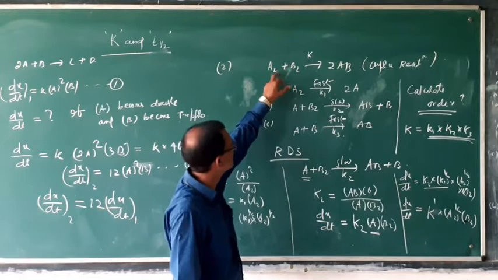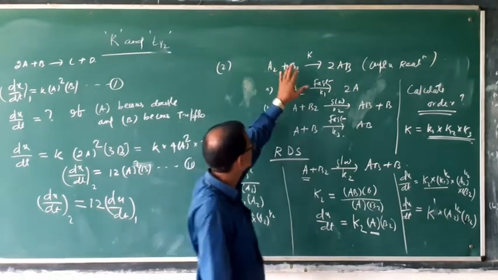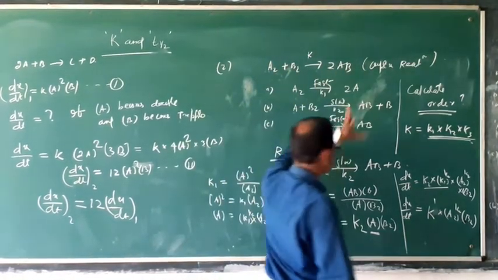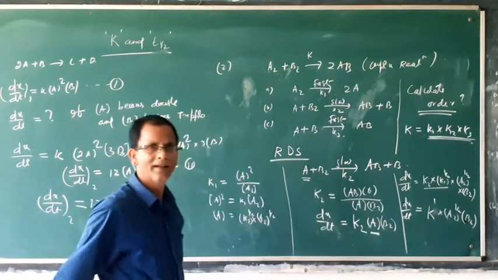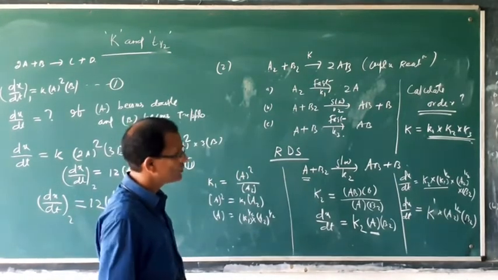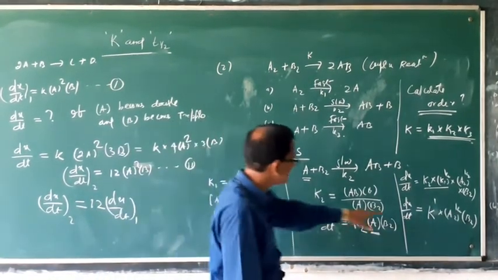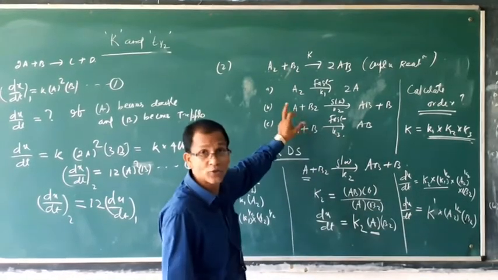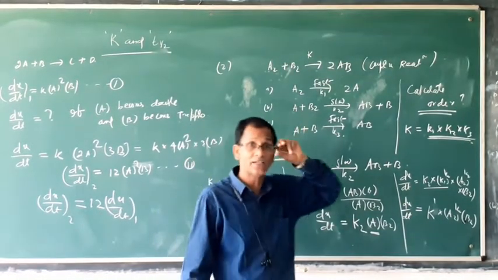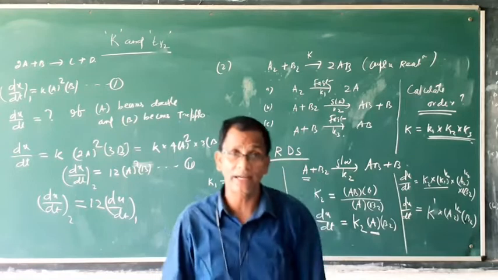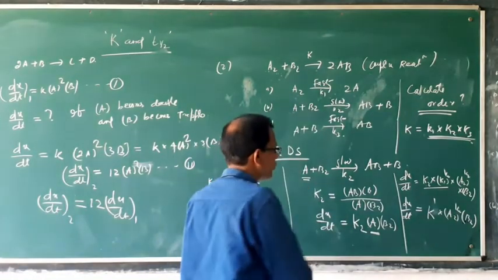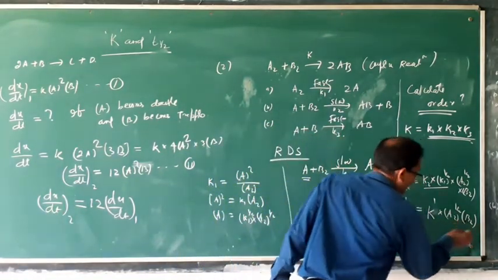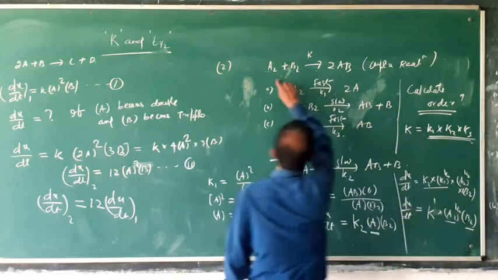You see the first expression. What is the first reaction? A2 plus B2 changes to 2AB. Then what is the order? As it is derived from the second step, which is the slowest step, as per the rate law the slowest step is the rate determining step. What is the power of A2 and B2 in the equation?